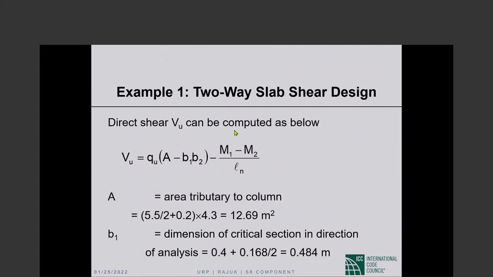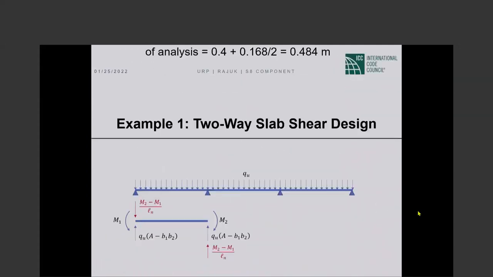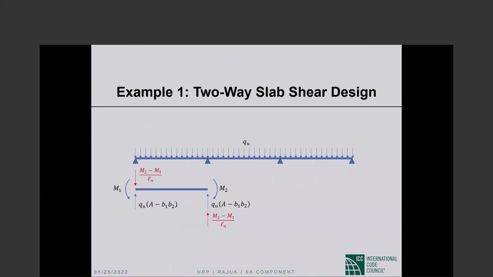This part is kind of new that we are introducing now, and this is what I would like to explain. So instead of saying V sub u is equal to just that, we are saying V sub u is this minus that. Let me try to explain this, and Bodhi kindly drew up this picture for me yesterday. I thought without this picture, it would be kind of difficult. So this is our slab continuous over 3 supports.